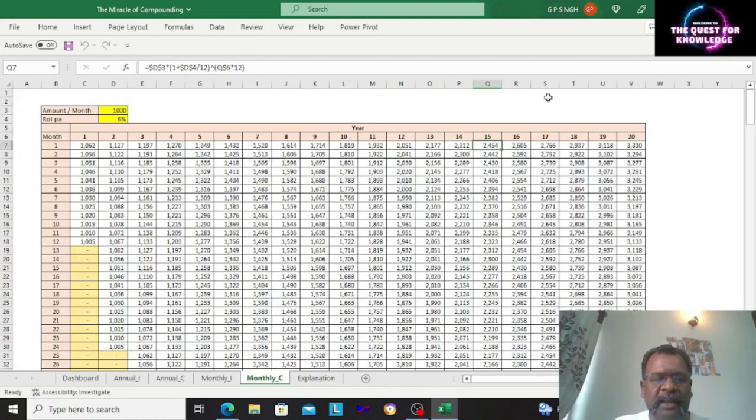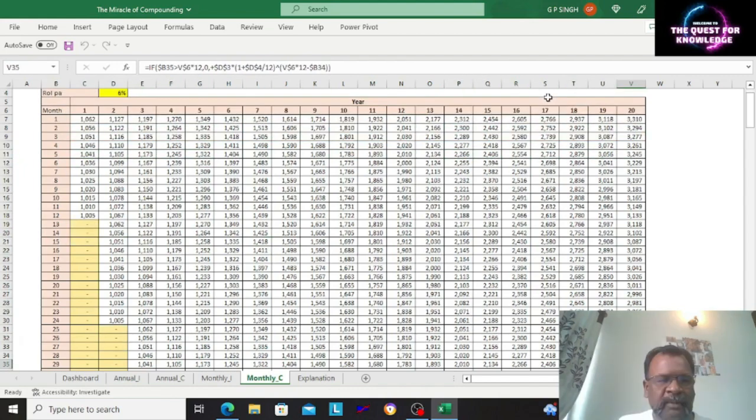Now if we tabulate these results, let's see, in 1 year, the first month the amount becomes 1,072, the second month it becomes 1,127, and then 1,197, and gradually it increased to 3,310 rupees. And the money which we invested in the second month increased from 1,000 rupees to 3,294.